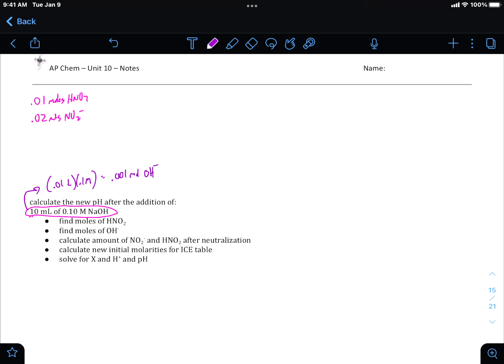I have a buffered system. I am adding hydroxide. Which one of these two species will neutralize the incoming hydroxide? HNO2, the weak acid. Okay?